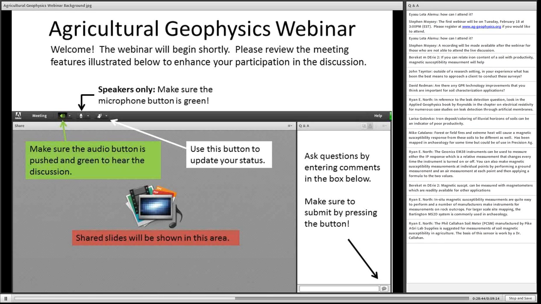Other than that, I'm quite satisfied with the modern systems. I feel like they're very good compared to the old strip charts. Now it's displayed digitally. There's been a lot of advancement, especially in the 90s. And now I think the big thing is computer processing, making better models to interpret our data.